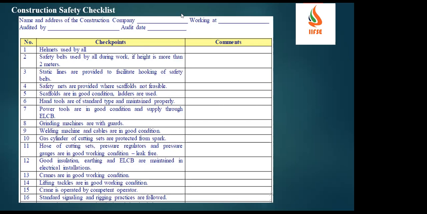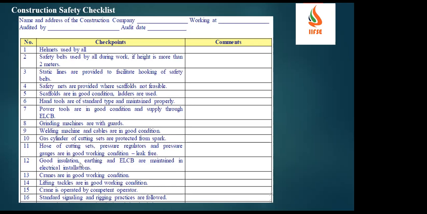Most people keep a pressure gauge, but 90% of them are not in working condition. So the pressure gauge must be checked and verified that it is working. Also the hose of the cutting sets, pressure regulators and pressure gauge must be in good condition, working, and leak free.